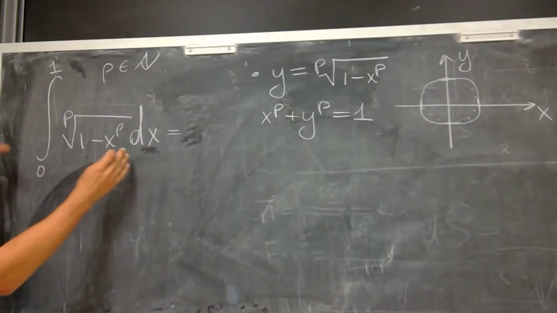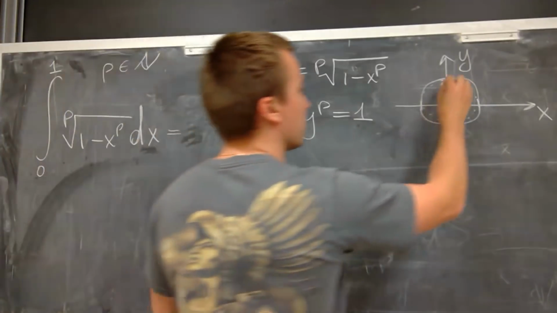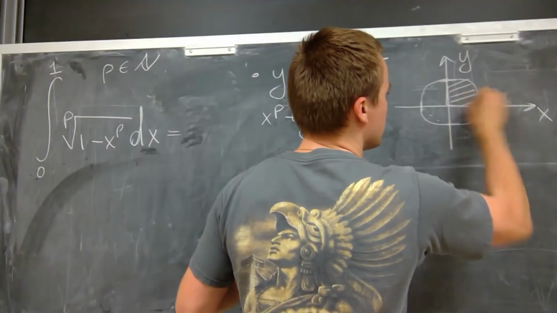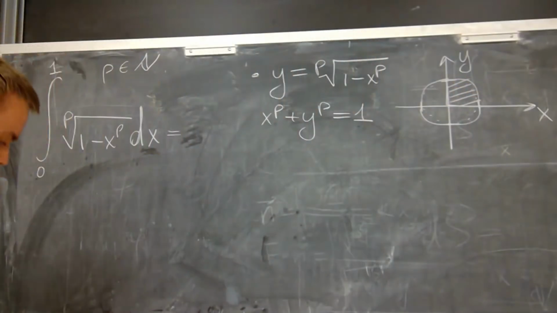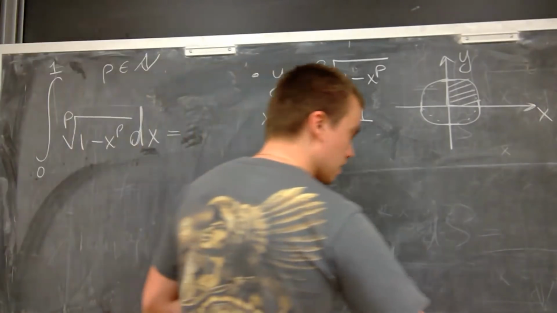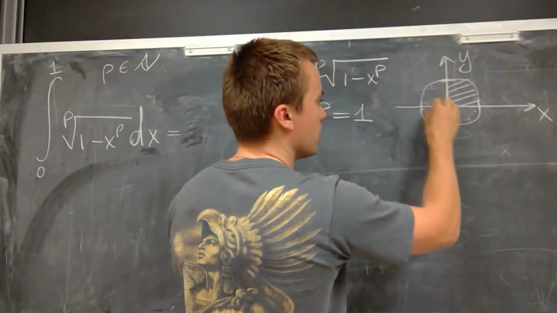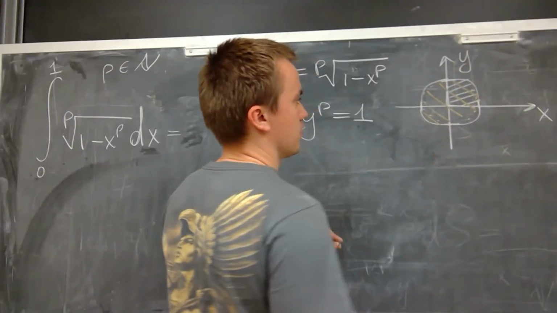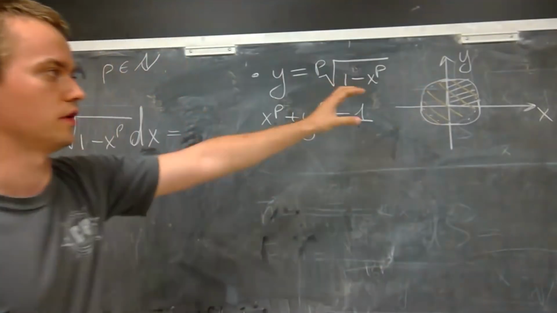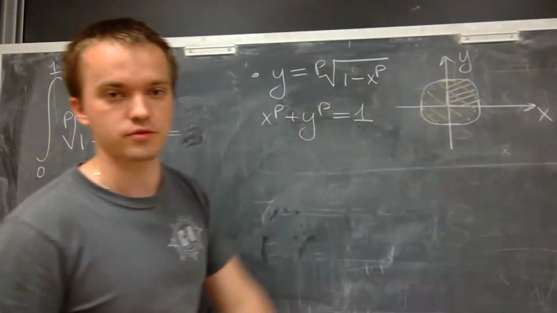So this particular integral is just calculating one quarter of the area of this region. If I want to relate this integral, the idea is to compute the area of the whole region. And what is the area of the whole region in the xy plane?